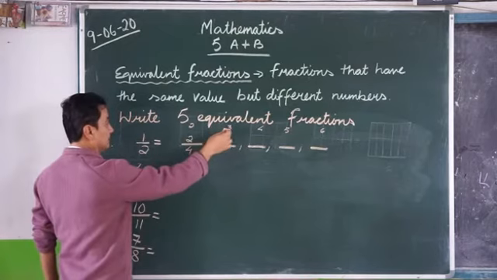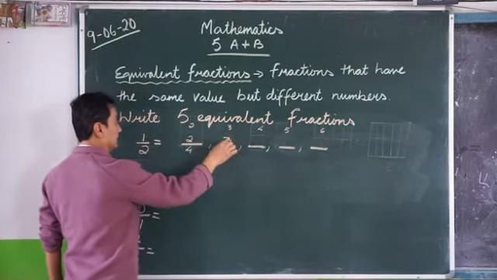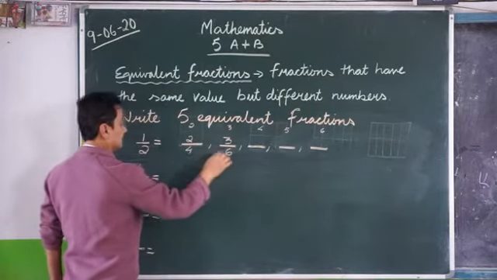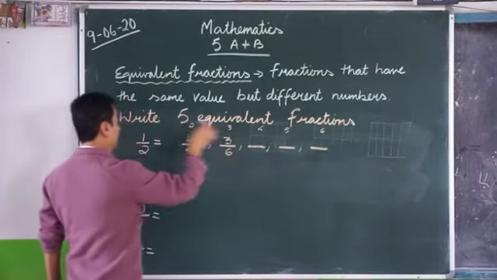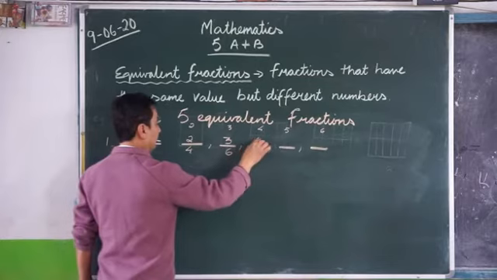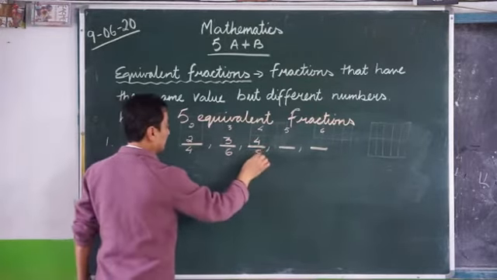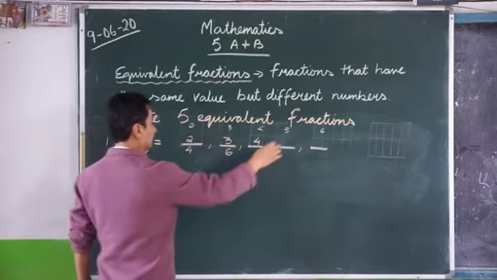First multiply the numerator. 3 ones are 3. Then multiply the denominator. 3 twos are 6. So we got the second one. Let's do the third one. 4 ones are 4. 4 twos are 8. Okay? Let's do the next one.